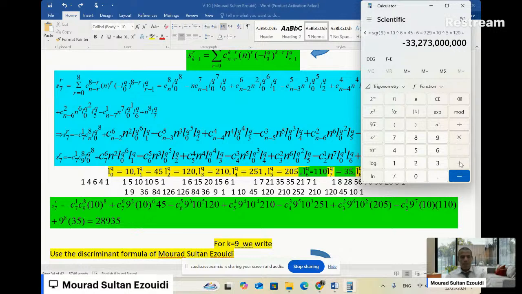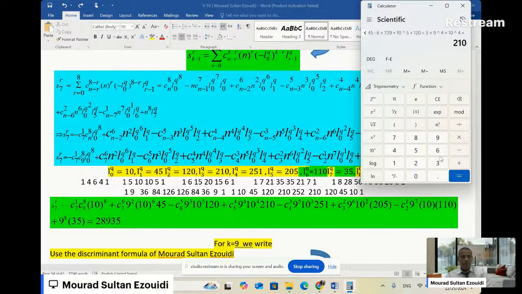Plus 5 times 9 raised to the power 4, times 10 raised to the power 4, times 210.